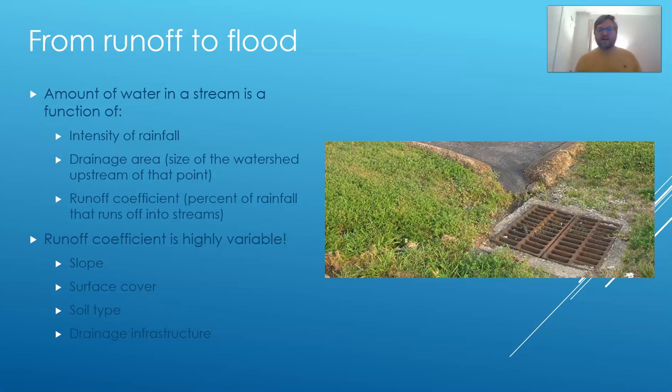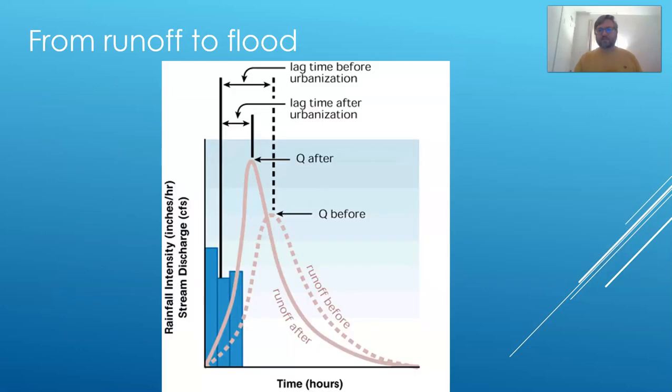So that grassy area is going to have a lower runoff coefficient than the pavement. And this is actually a major way that the way that people use the land shapes our vulnerability to floods, because typically stuff that people build has a higher runoff coefficient than natural stuff.